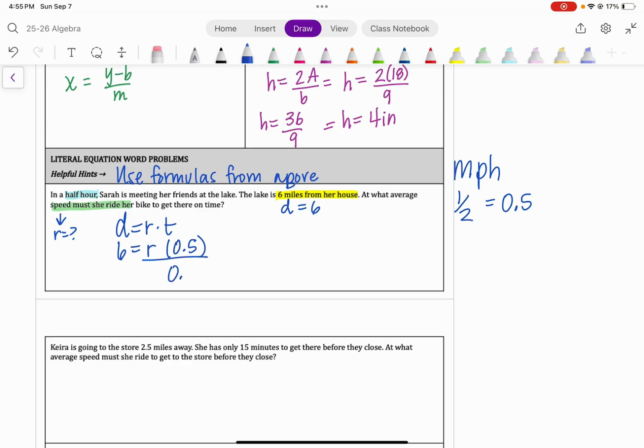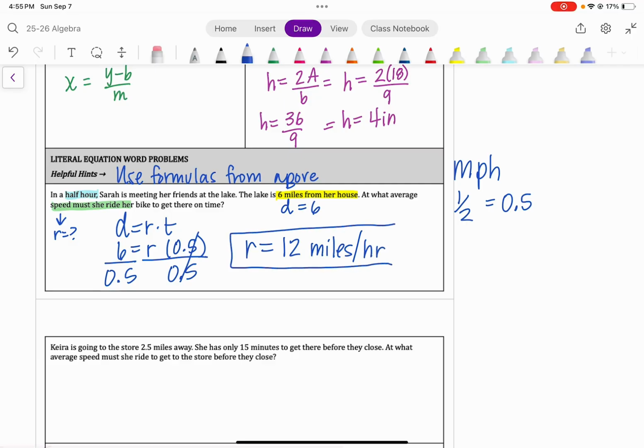And when we divide both sides by 0.5, that's 6 divided by a half. My rate is 12 miles per hour. So we're always going to take that time and relate it to an hour. So if it was 1 hour, we would use 1. If it was 1.5 hours, we would use 1.5.